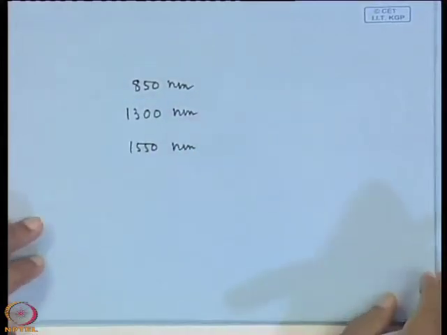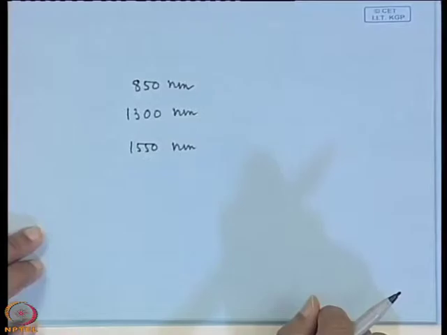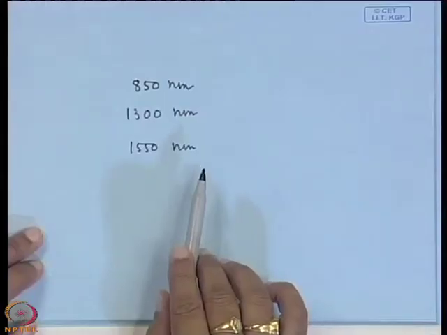When you talk about a window, what is a window basically? A window is where the loss is less and dispersion is less. Low loss, dispersion-less fiber at these 3 wavelengths of light; the low loss, dispersion-less condition can be achieved using these 3 sources of light.